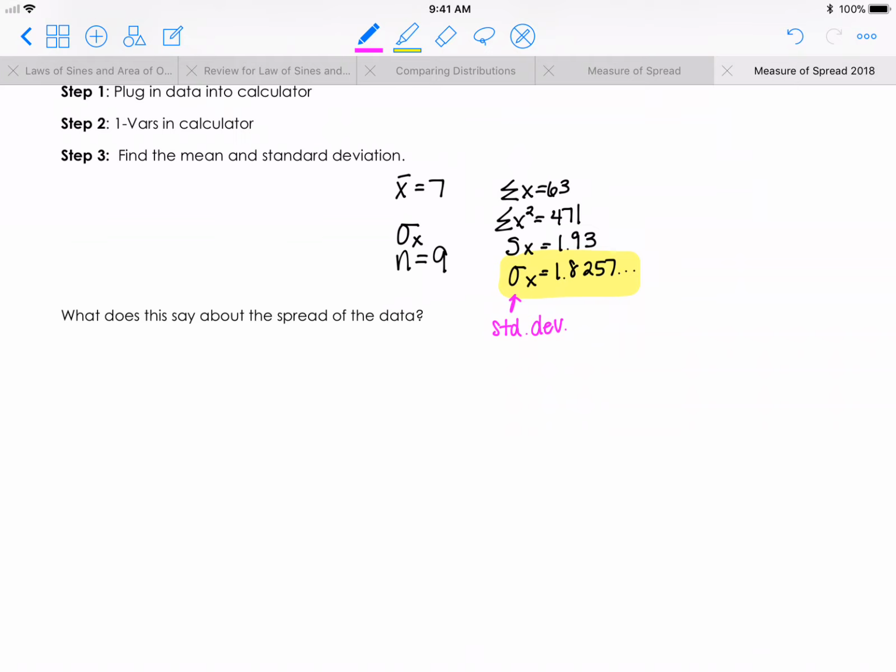So when it says find the mean and standard deviation, well, this is what it is. Your mean is 7 and your standard deviation is 1.8. So that means it's a pretty small number, 1.8, right?